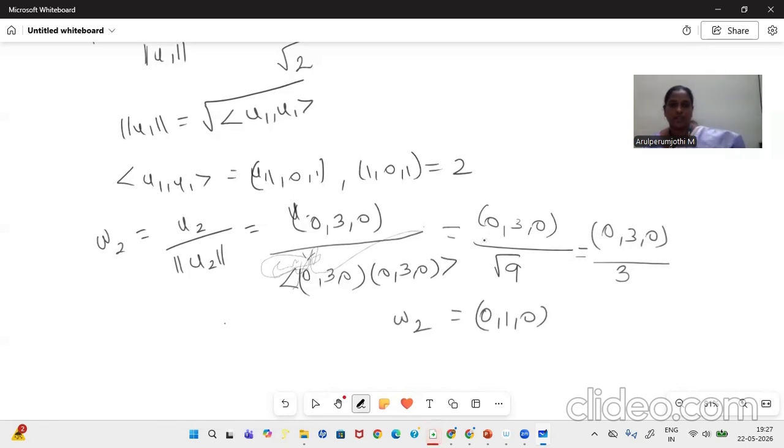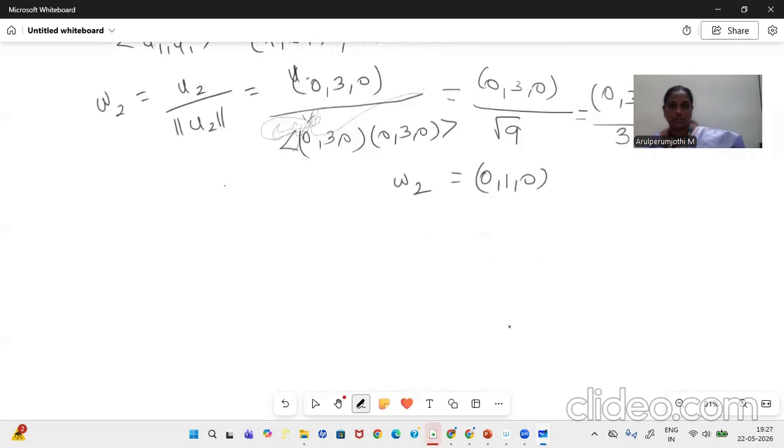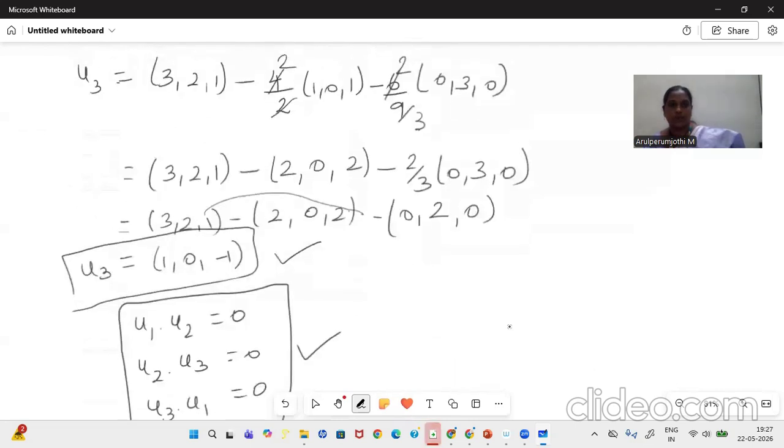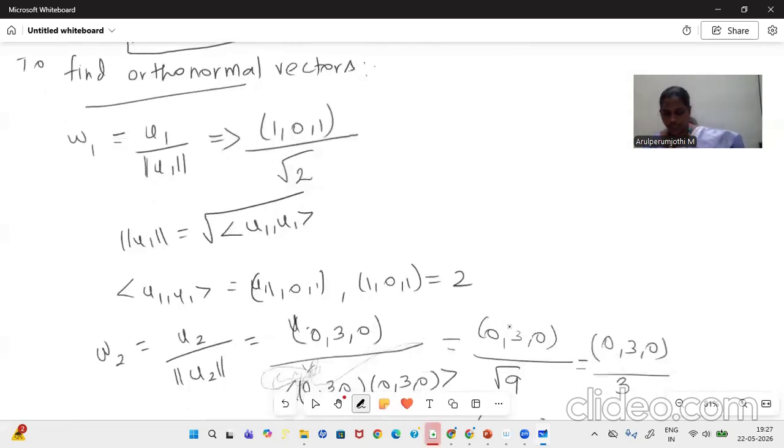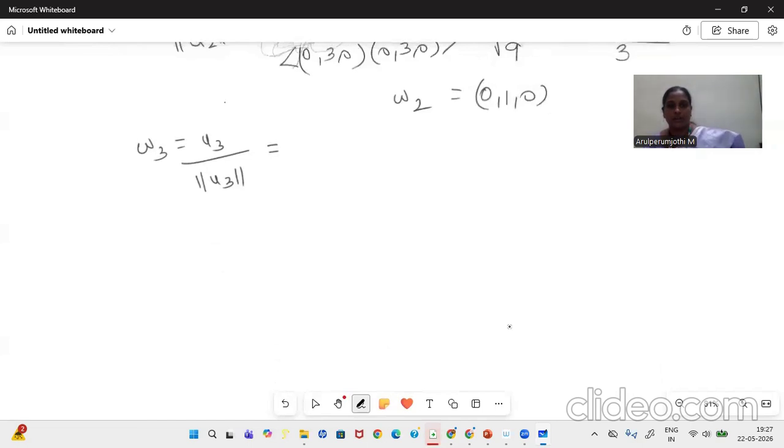Okay. And then what is W3? So W3 is U3 divided by norm U3. First you take what is U3. U3 is 1, 0, minus 1. So 1, 0, minus 1 divided by the norm of 1, 0, minus 1.